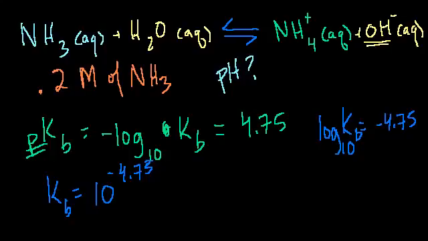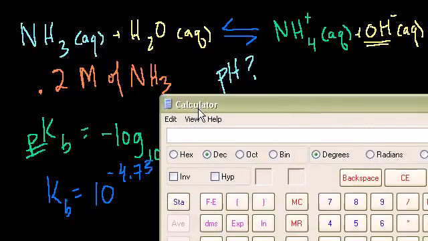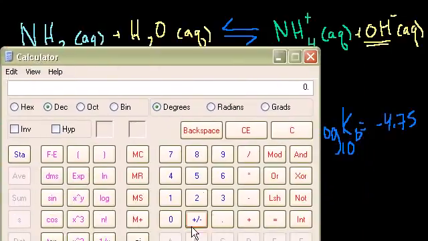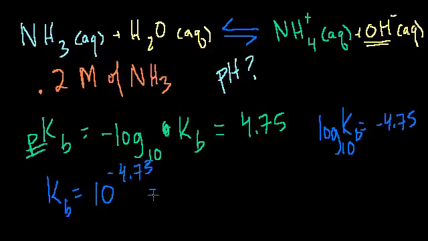That's not an easy exponent to figure out in your head, so I'll bring out the calculator. 10 to the minus 4.75 equals 1.7, let's just say 1.8 times 10 to the negative 5. So Kb is equal to 1.8 times 10 to the minus 5.